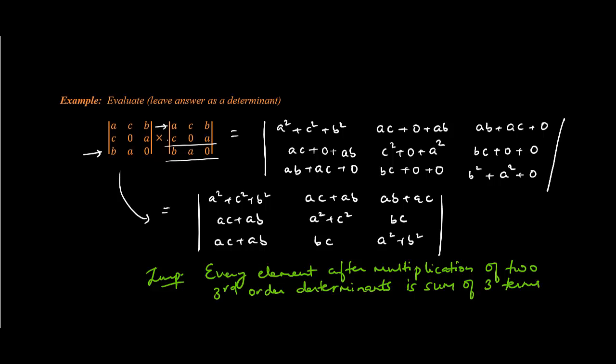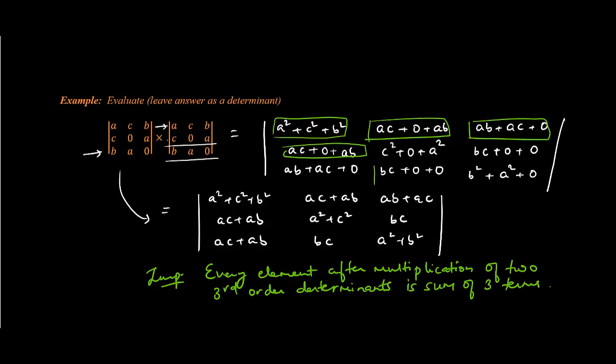So what you find here is that after multiplication, the first element contains three terms: a square, c square, b square. The element here contains three terms: ac, 0, ab. The element here contains three terms: ab, ac, 0. Even this element contains three terms.